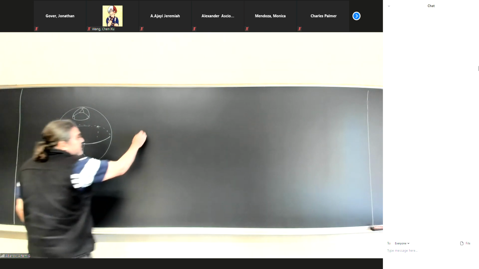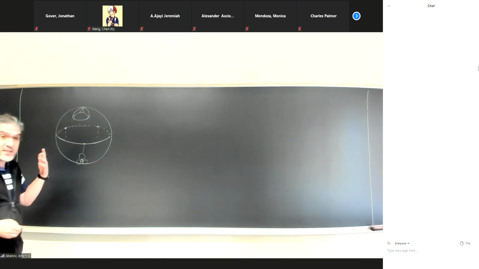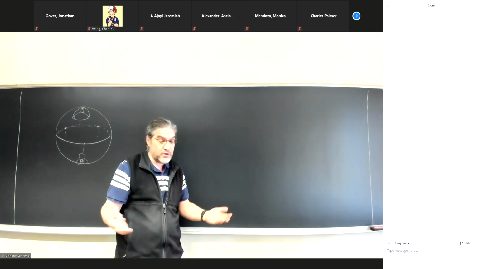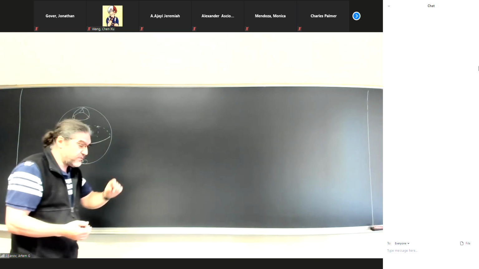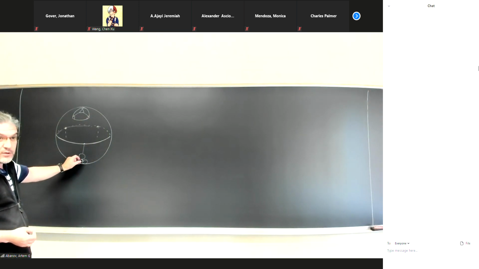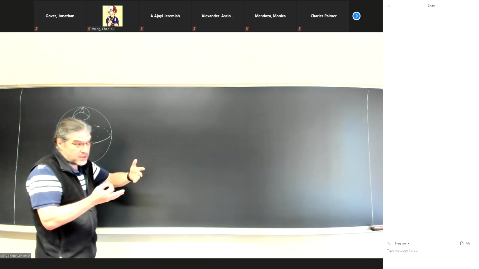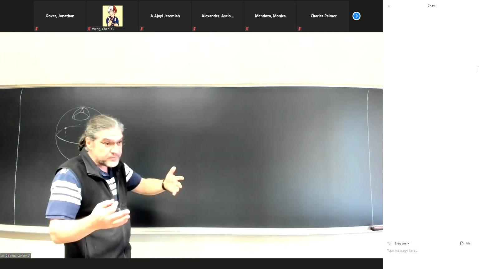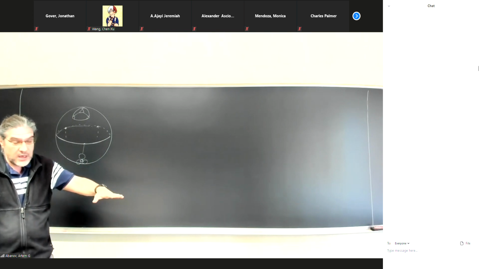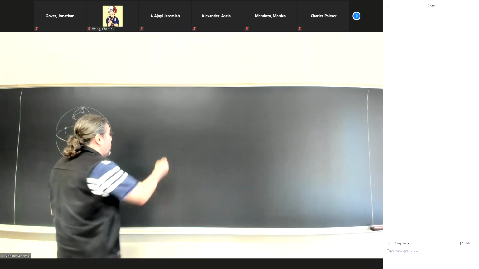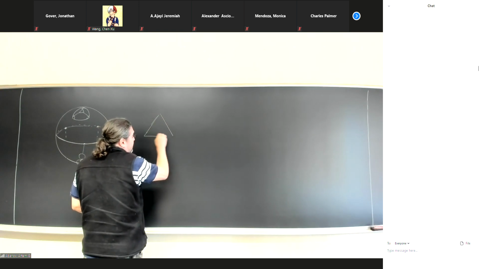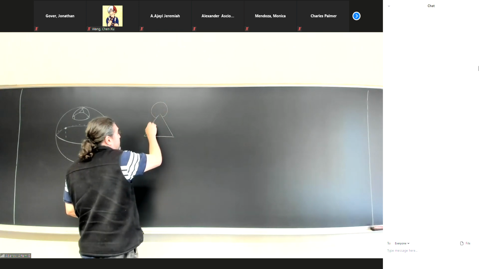Remember that again, it's a small triangle. Small triangles look exactly like the triangles we are used to, because any infinitesimally small portion of any surface, if it doesn't have singularities, looks like a flat space. So we have a normal, flat triangle, but we need to sum those angles.